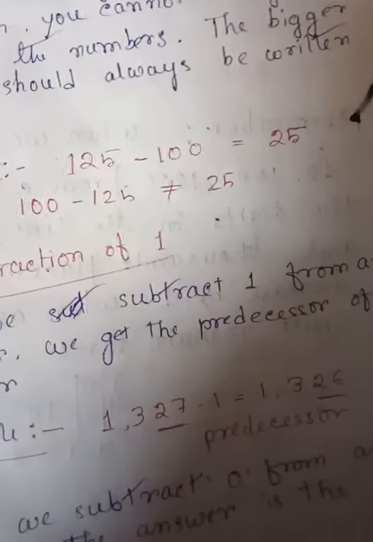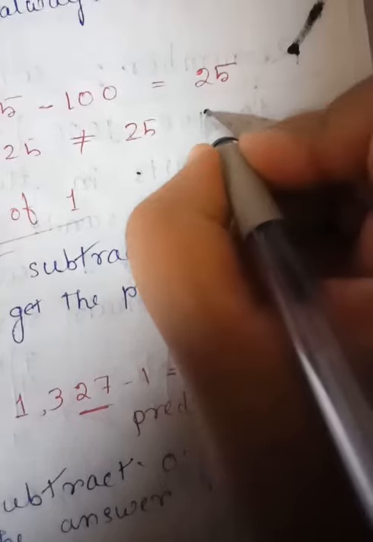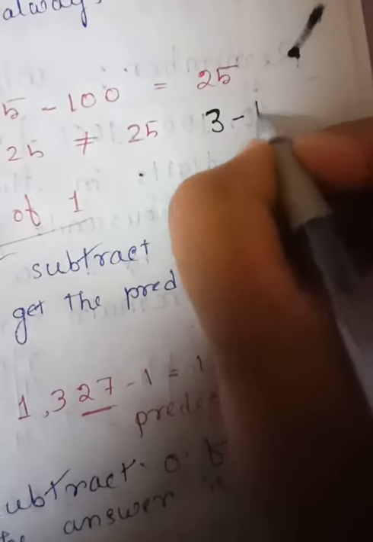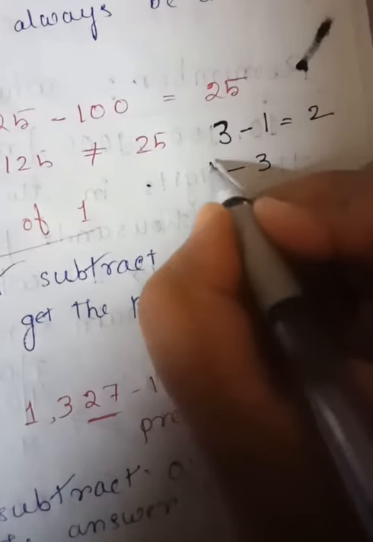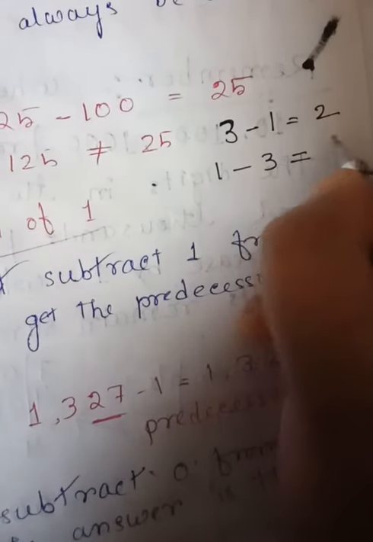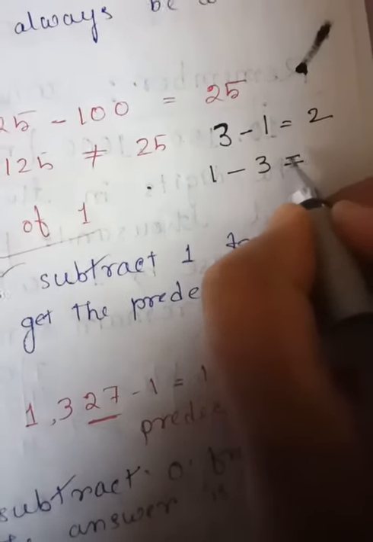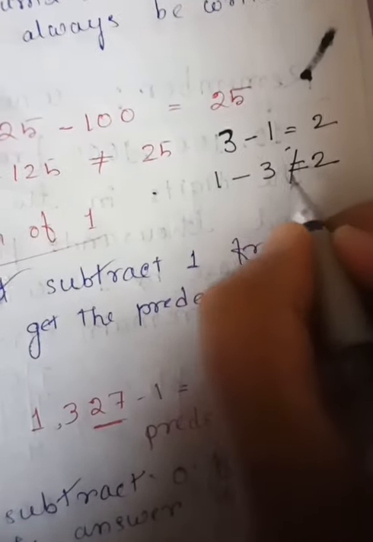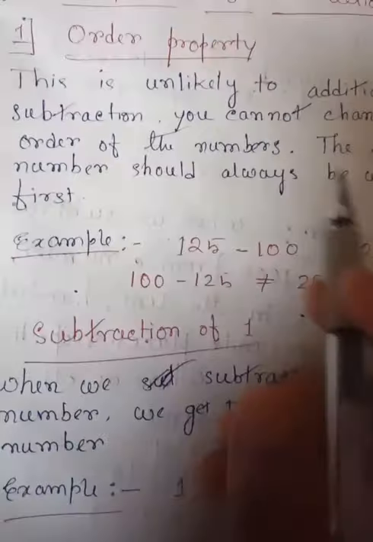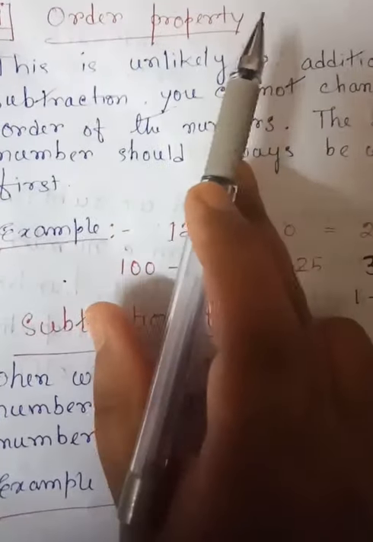But here if I give one more simple example, suppose 3 minus 1 is equal to 2, but 1 minus 3, is it equal? It is not equal to 2. See, so it is not possible in case of subtraction. So this first property is called order.